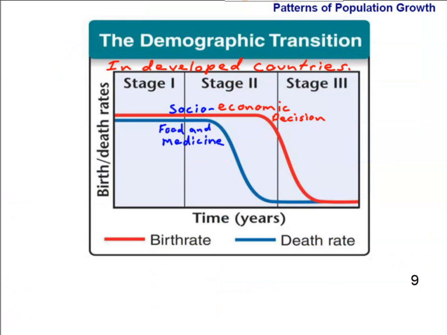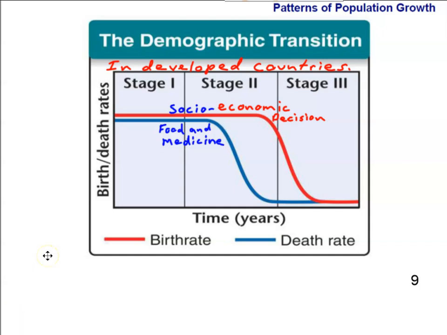So here we're looking at the demographic transition, and you may have studied this in other classes, but to me this gives us some hope for the future in terms of human population growth, and this also would explain how it is that it's projected that human population growth will slow and level off at some point, 9 to 11 billion.